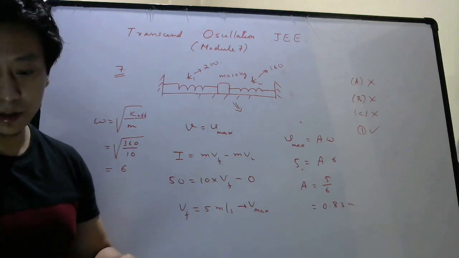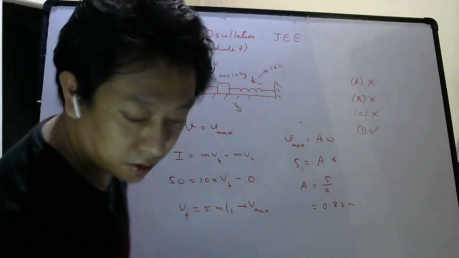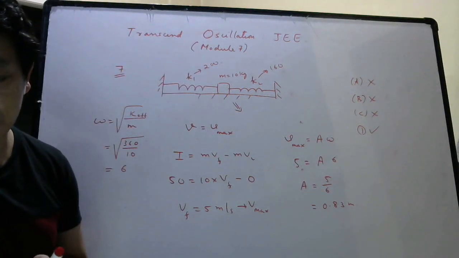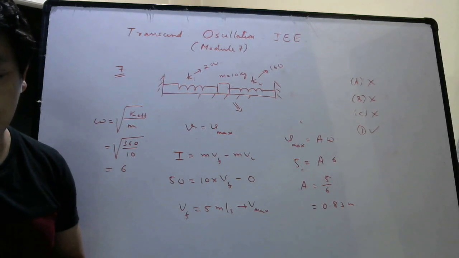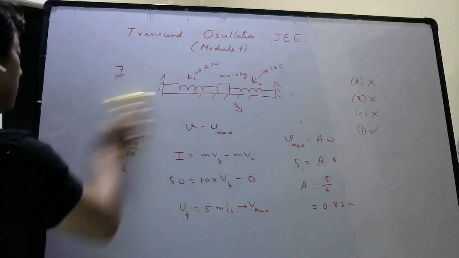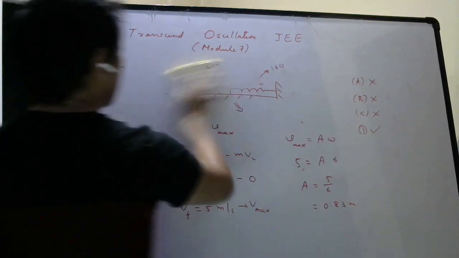Two blocks of mass M1, M2 are kept on a smooth horizontal table as shown in the figure. Block of mass M1 but not M2 is fastened to the spring. So only one block is fastened to the spring, the other block is not fastened.